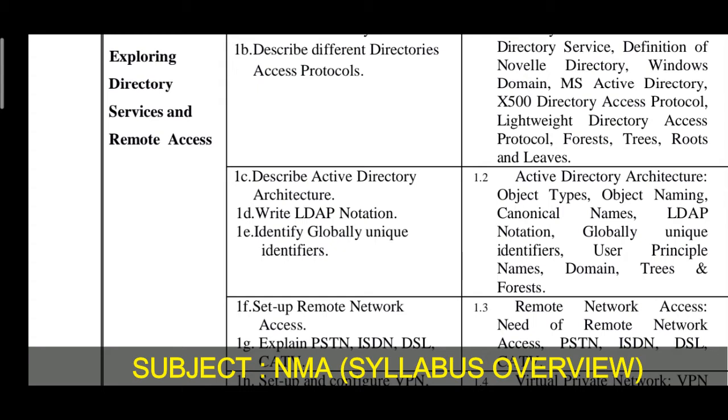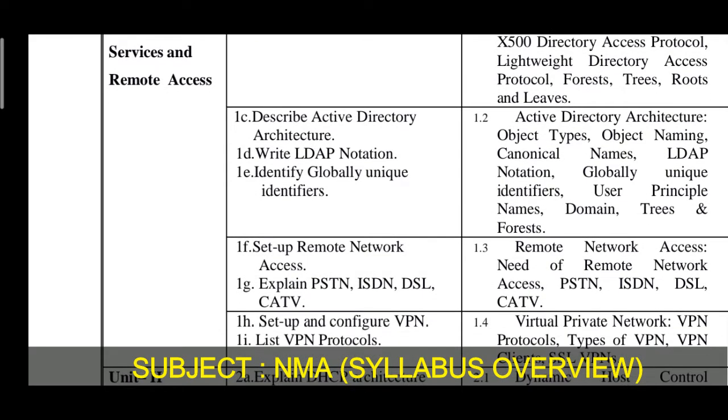Then identify globally unique identifiers, then set up a remote access network, and we have to study different types of remote access protocols such as PSTN, Public Switched Telephone Network, ISDN, DSL, CATV, and these are all very important protocols for our directory access services.